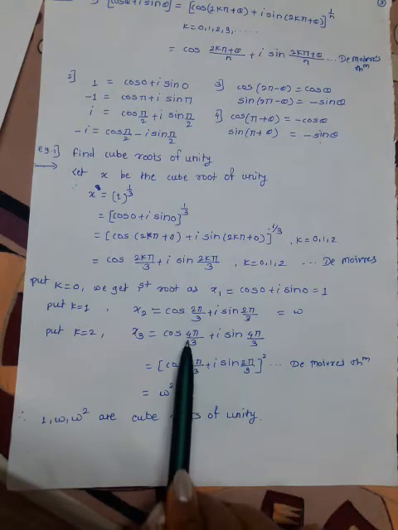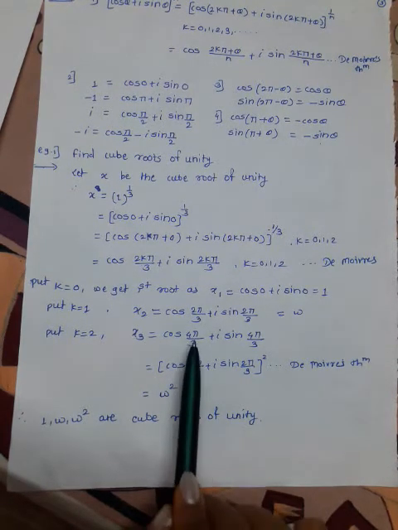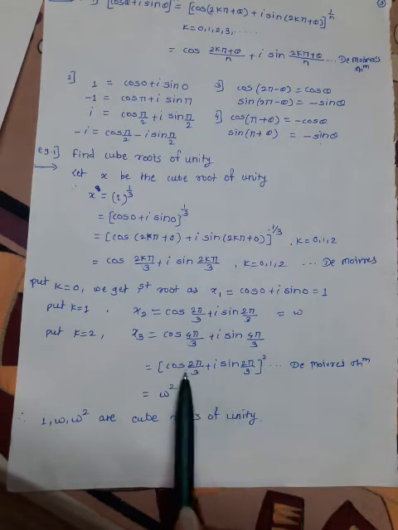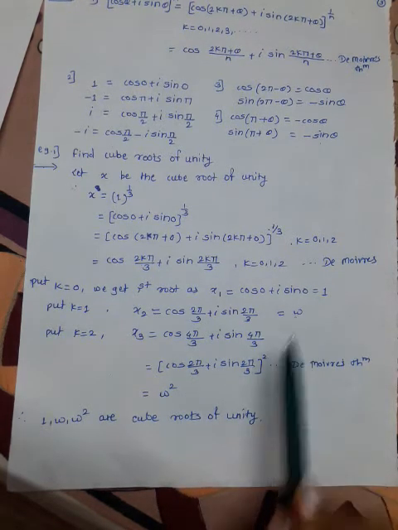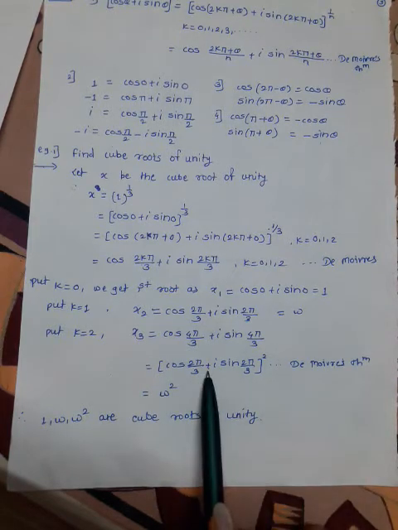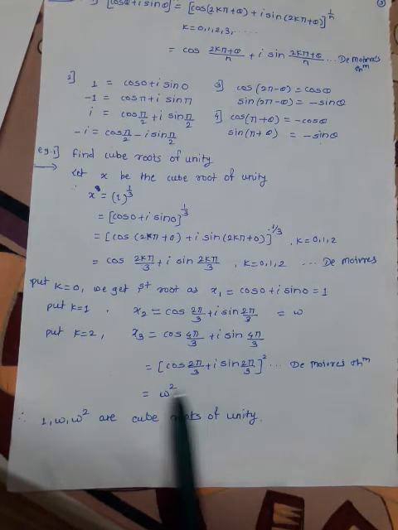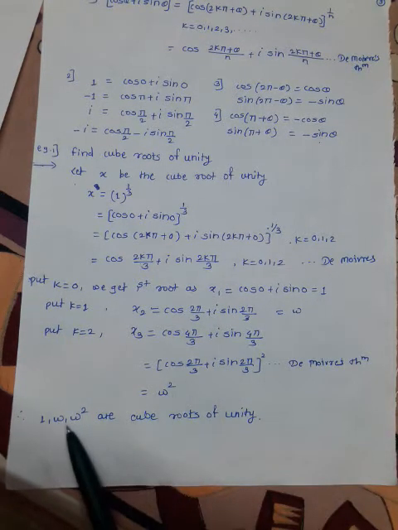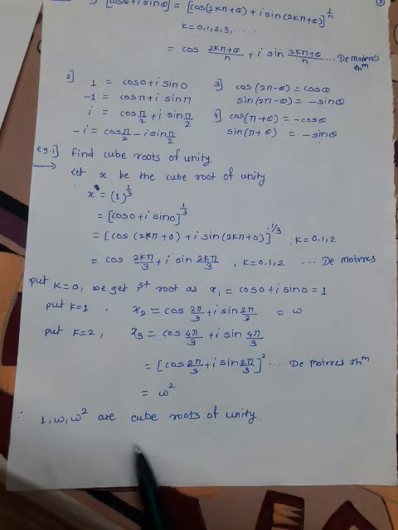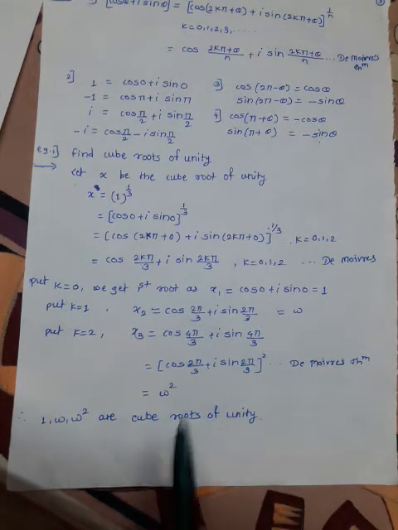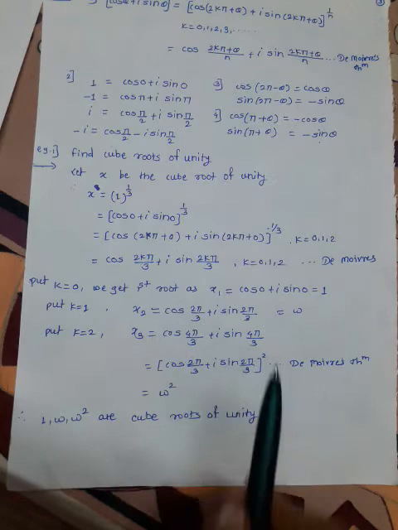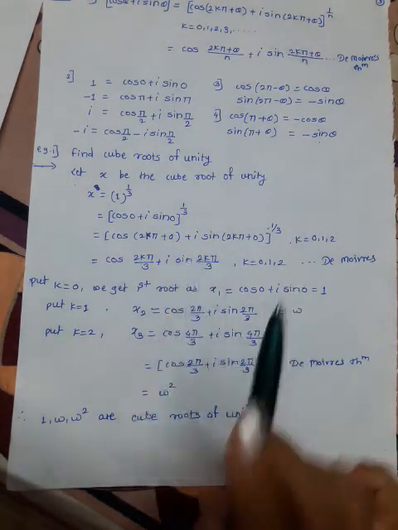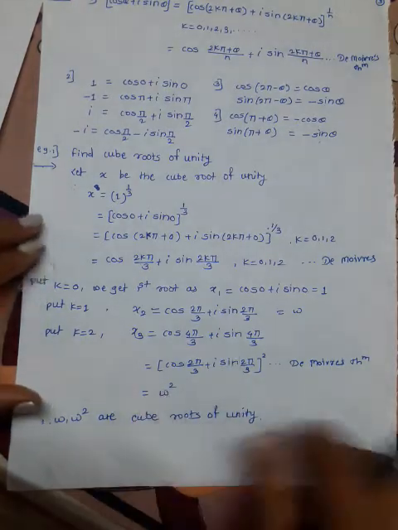Whatever we get, this is the earlier omega root or w, and this is w square. That's why 1, omega and omega square are the cube roots of unity. These are the 3 roots of the unity, that is 1. Unity in mathematical terms means 1.